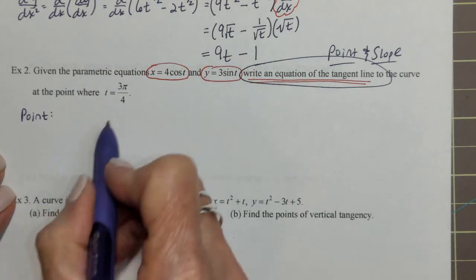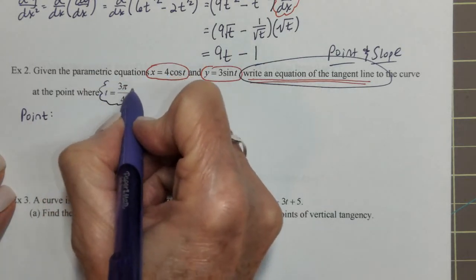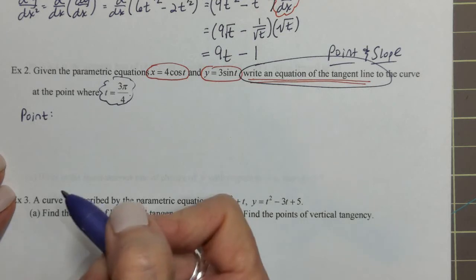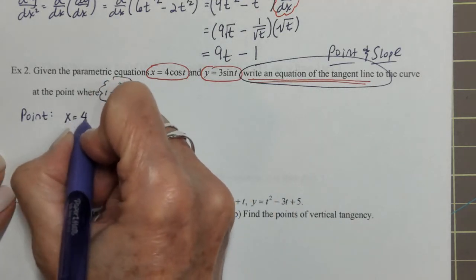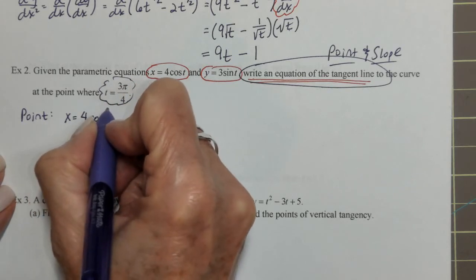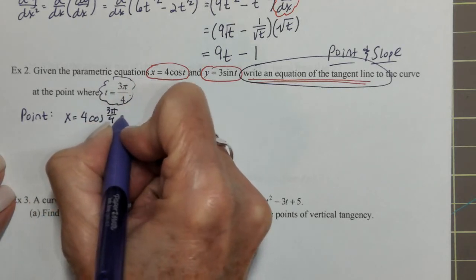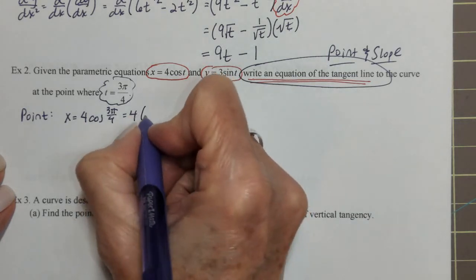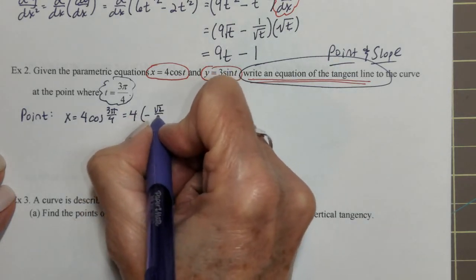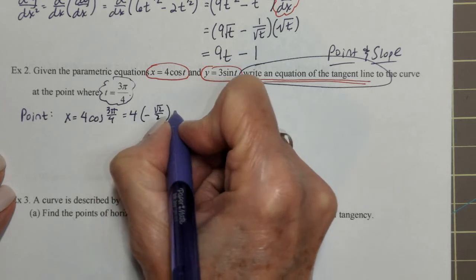So the point when time is 3 pi over 4, we need the x-coordinate and the y-coordinate. The x-coordinate will be 4 cosine of 3 pi over 4. Cosine of 3 pi over 4 is going to be negative square root of 2 over 2, from the unit circle.